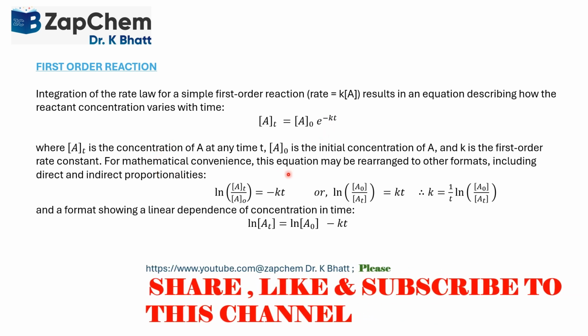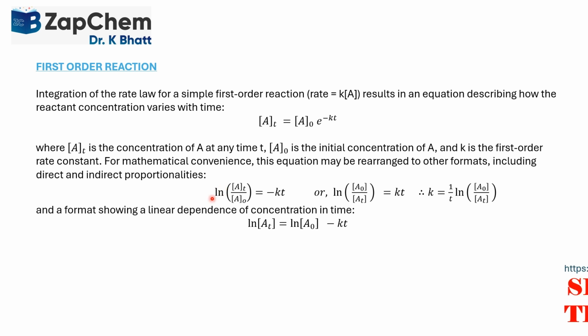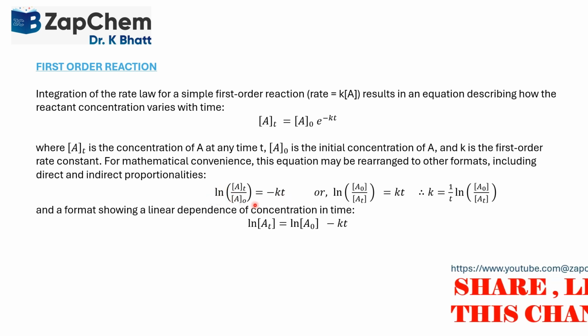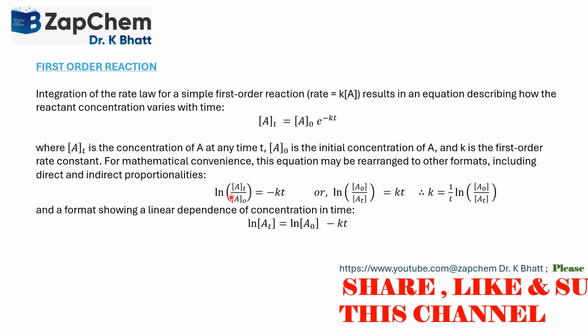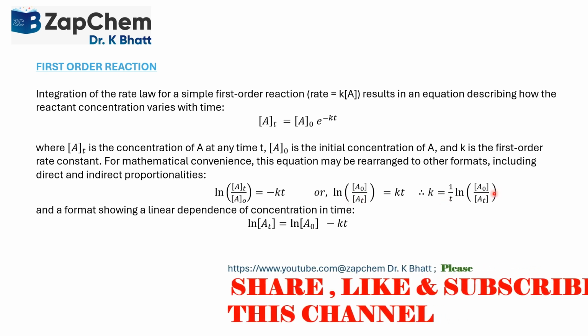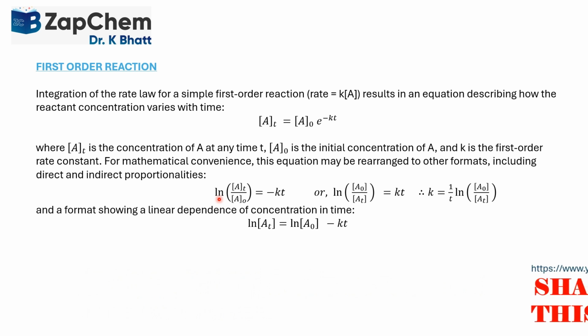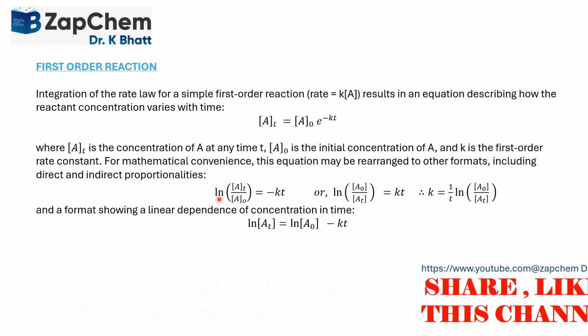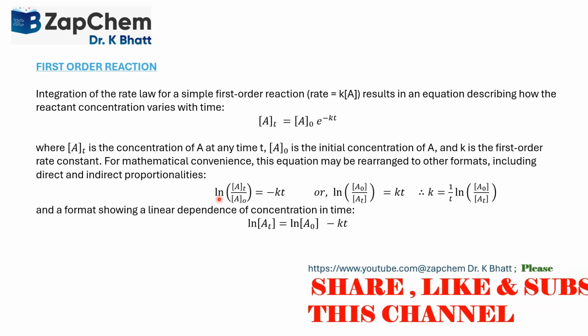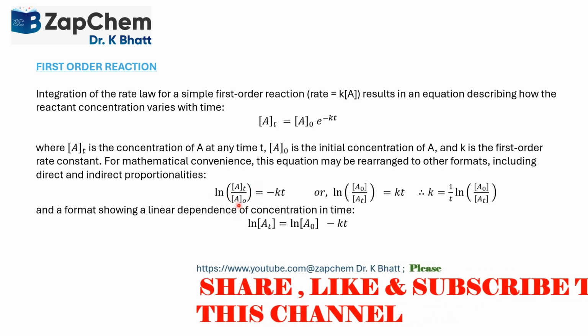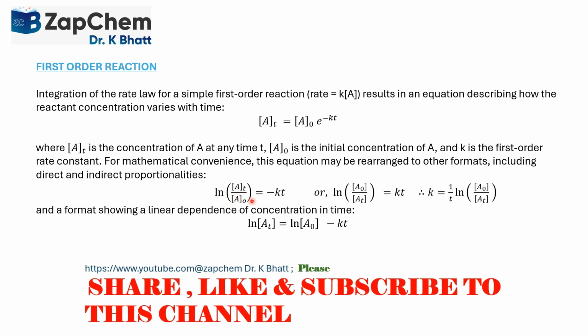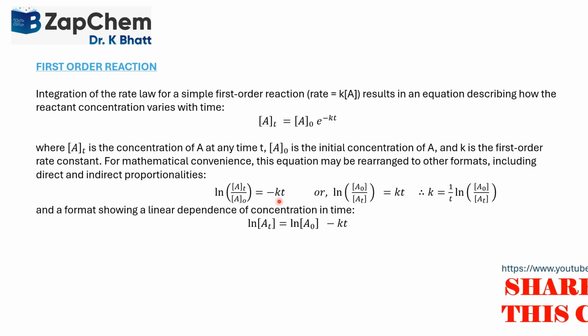Now, accordingly, simple mathematical simplifications lead us to 3 different expressions as represented here. Mind it, ln represents exponential logarithm. ln of At upon A naught, of course, the concentration, is equal to minus kt.